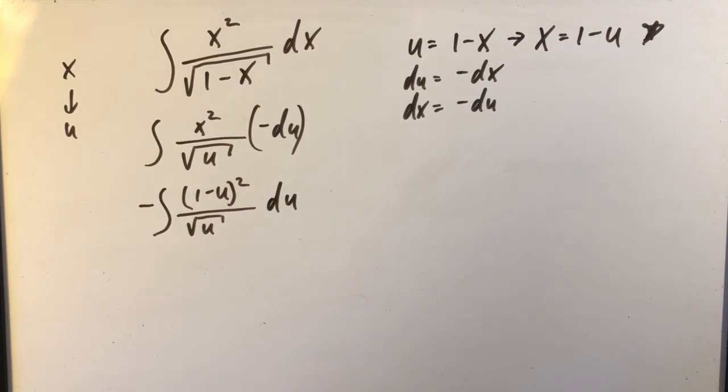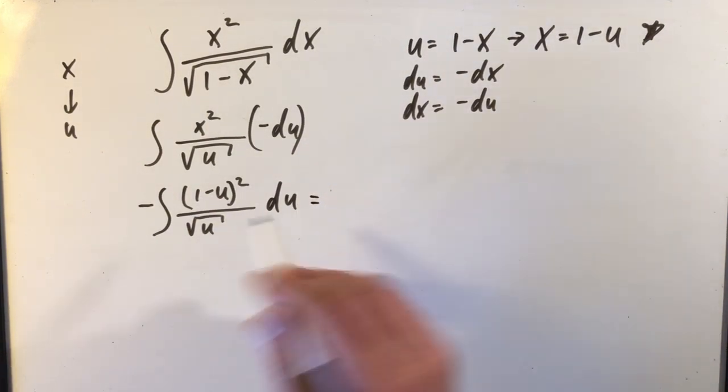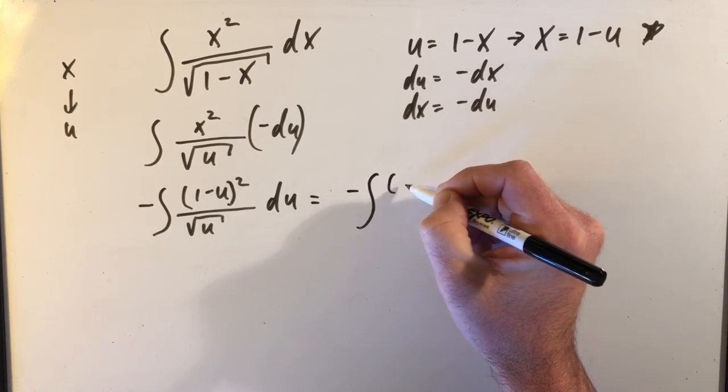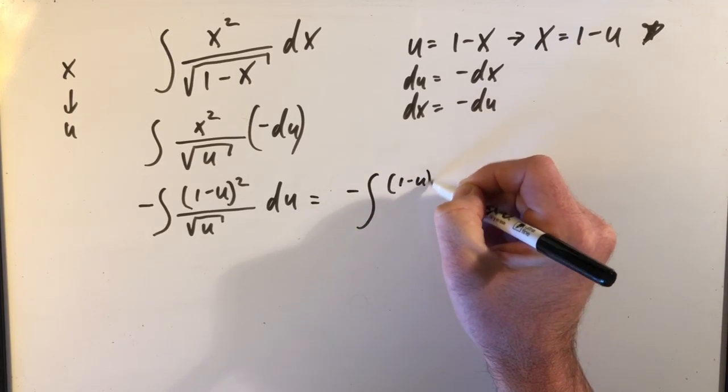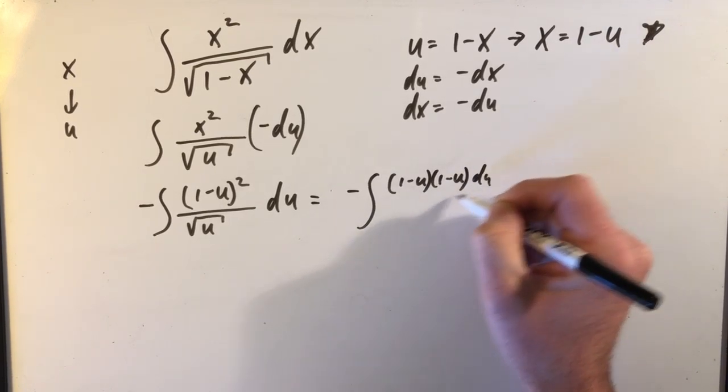Okay, so now what do I do? Well, I can actually just factor that top part out. 1 minus u, 1 minus u, du over square root of u.